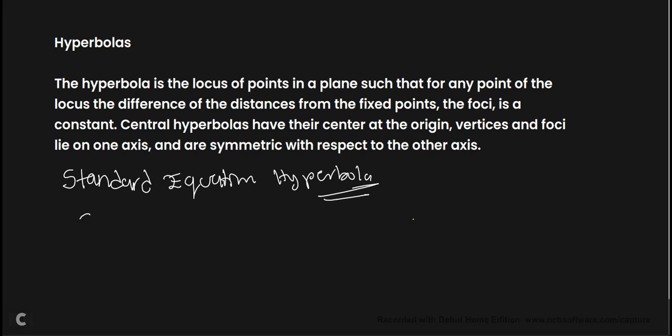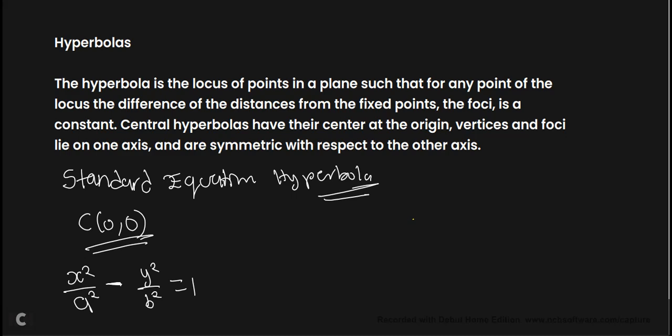When you're having center 0, 0, your standard equation is x squared over a squared minus, here is a minus, y squared over b squared equal to 1.